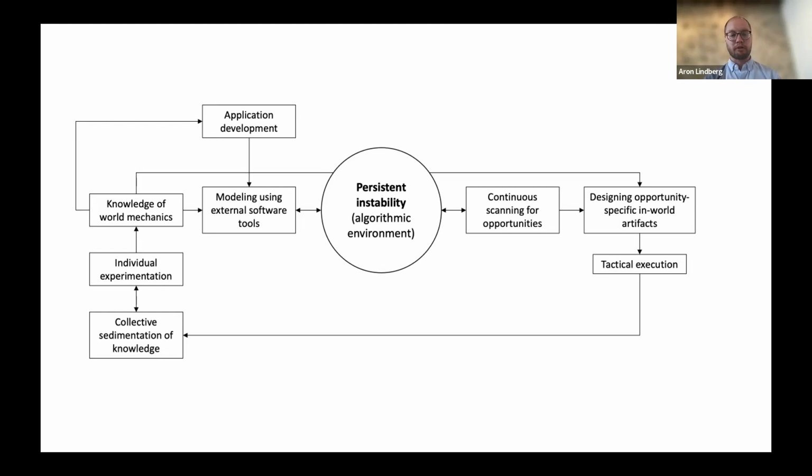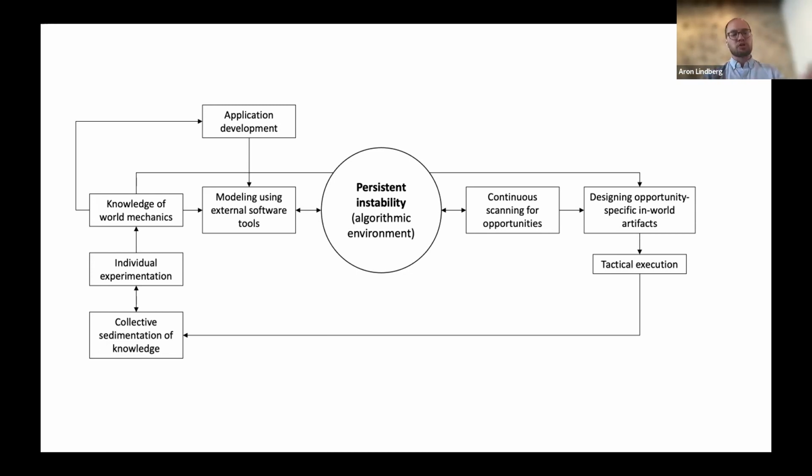Now, as they're engaging with this persistent instability in the environment, they're continuously scanning for opportunities to earn in-game money, to gain in-game resources, to do something interesting in the game. And once they've identified such opportunities, they can design opportunity-specific in-world artifacts, meaning the ships that I previously talked about. And then they can tactically execute whatever it is that they want to do, ambushing another player, for example.